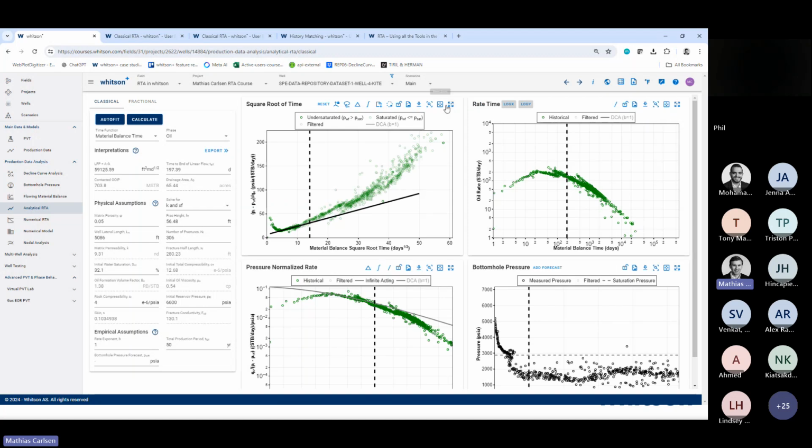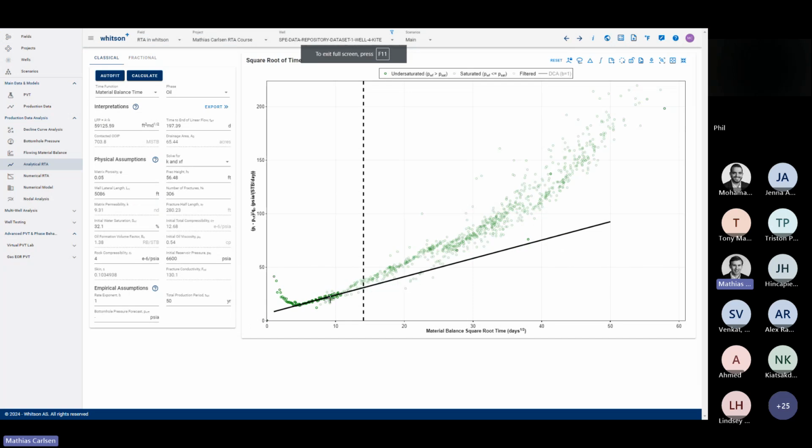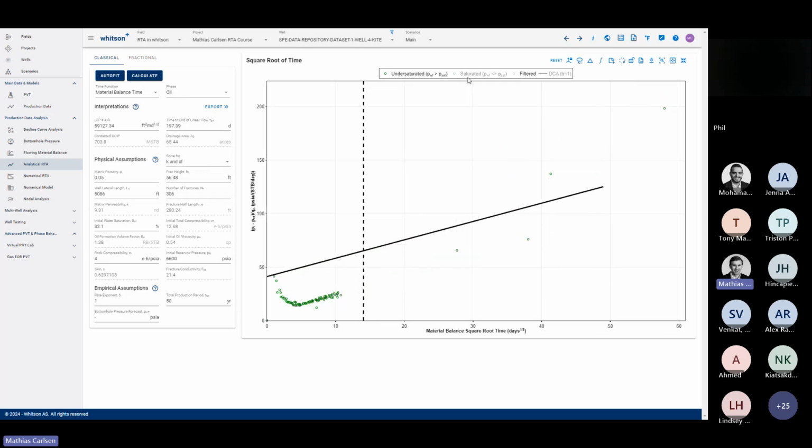One thing that's interesting when you look at the square root of time plot is you see there's a different color on the points here. And I could say, okay, I would like to remove the saturated points. And you can almost see here, if I adjust my slope a little bit, then as soon as I go below the saturation pressure, my curve is starting to go upwards.